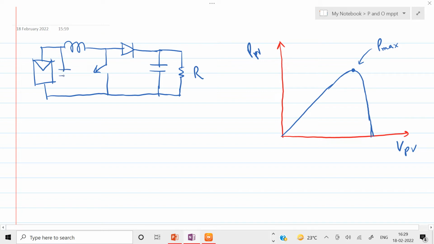We have a capacitor here also, C in and C out. These C in and C out ensure that the ripple in the voltage out of the panel is removed, and similarly the ripple in the output voltage is removed. This inductor, diode and switch act as the three components of a DC boost converter.